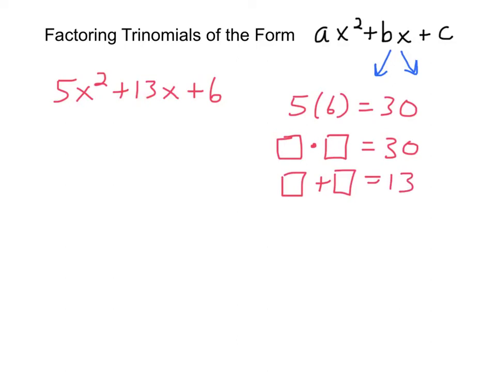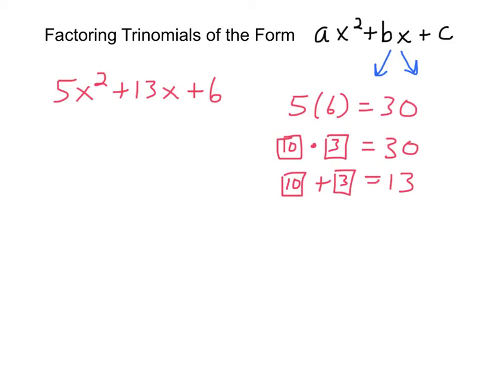They multiply out to 30 and they add up to 13. And you can probably notice that the 2 answers are 10 and 3. So 10 times 3 is 30, and 10 plus 3 is 13. Those are the 2 numbers we're going to use as coefficients to split the middle term. So we'll just put an x after each one. We'll make it a 10x and a 3x.